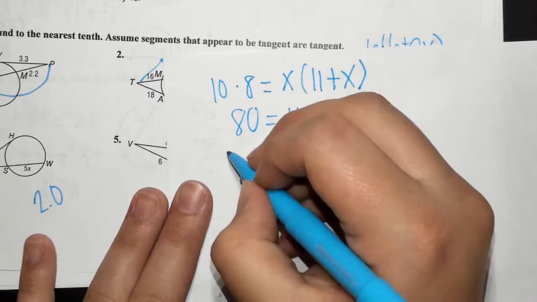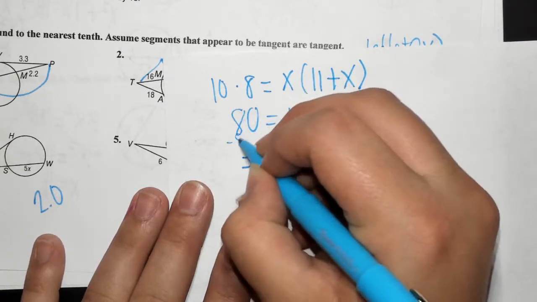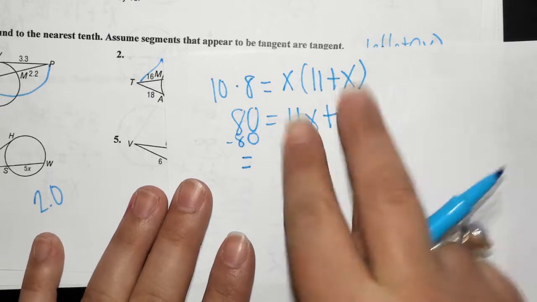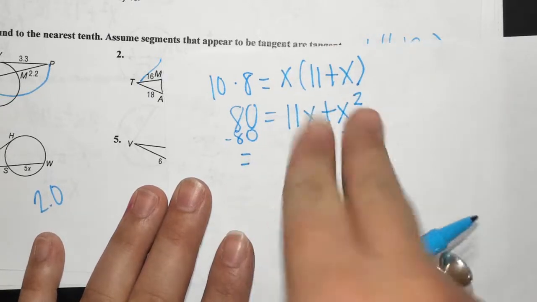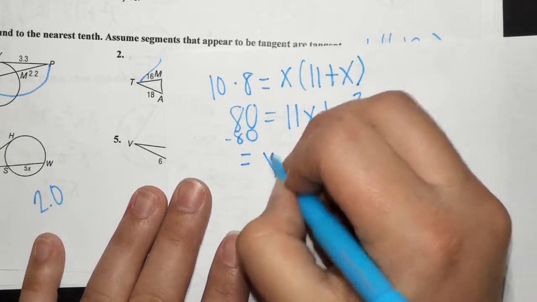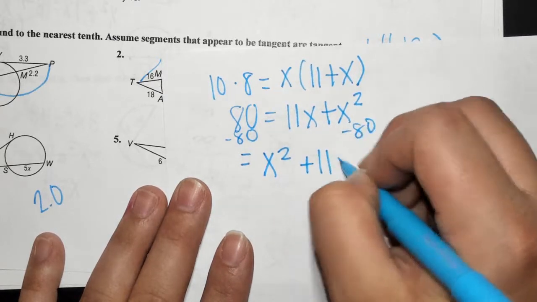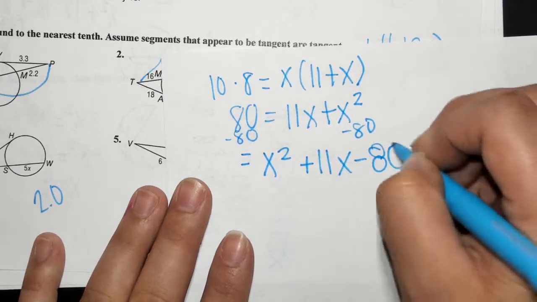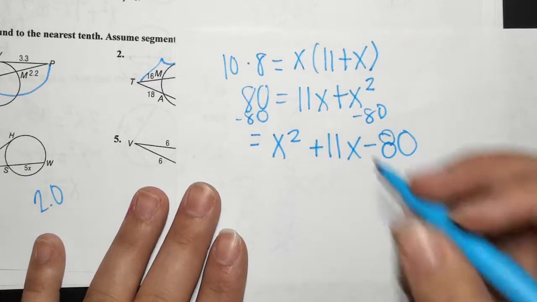So subtract 80 over, subtract 80, subtract 80. I'm just going to switch these to put it in quadratic form. So you have x squared plus 11x minus 80 equals 0.